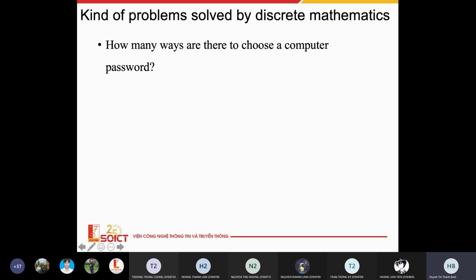Here are some kinds of problems solved by discrete math. For example, the first question is how many ways are there to select a computer password? You can answer this question by discrete math, particularly by counting problems. And what is the probability of winning a lottery?